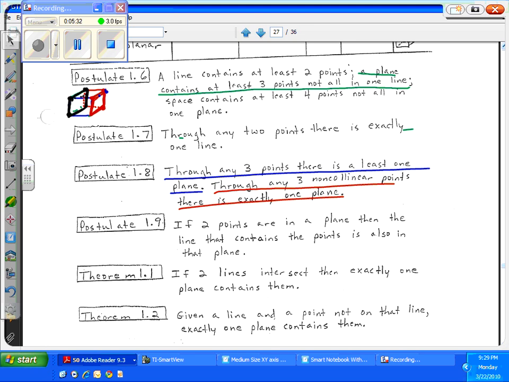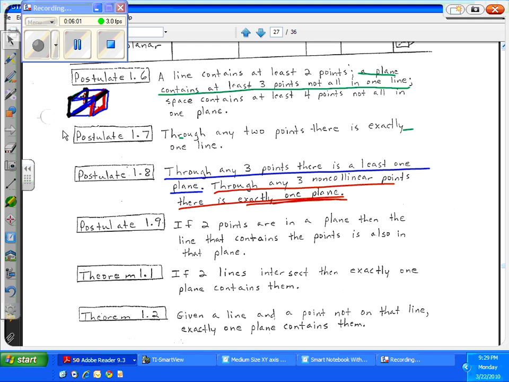If I had 3 collinear points like that, the top plane would hit it, the right plane would hit it. I could also draw a diagonal plane that hit it. An infinite number of planes would hit it if the 3 points were collinear. But if the 3 points are non-collinear, then exactly one plane hits it.